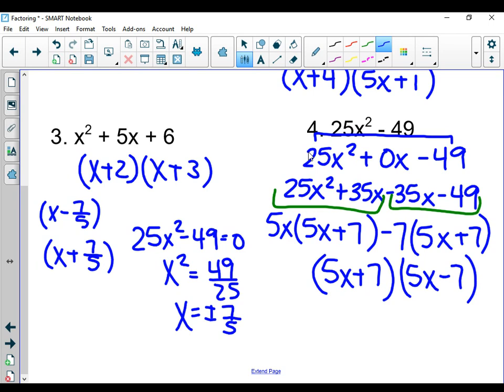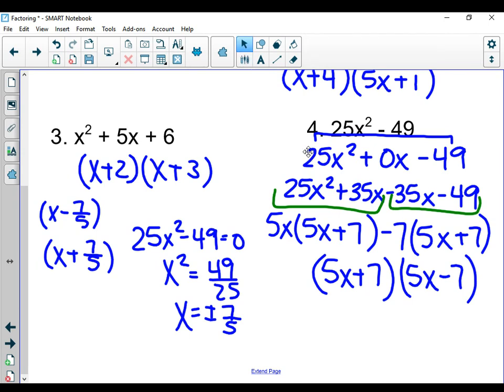It's still technically true, but we're at an honors level, okay? So we can bump that 5 over here by multiplying by 5. Same thing here to get our 5x plus 7 and 5x minus 7, okay? That's how we write our factors, okay?